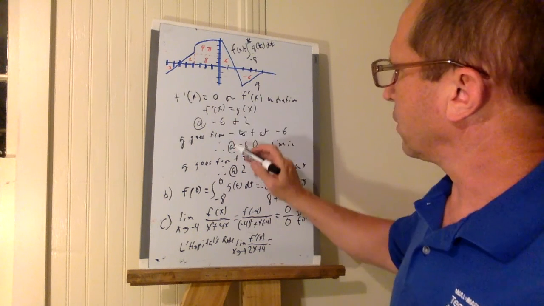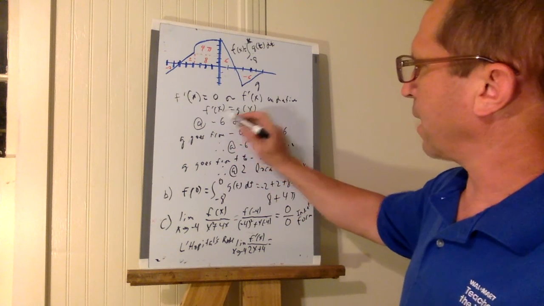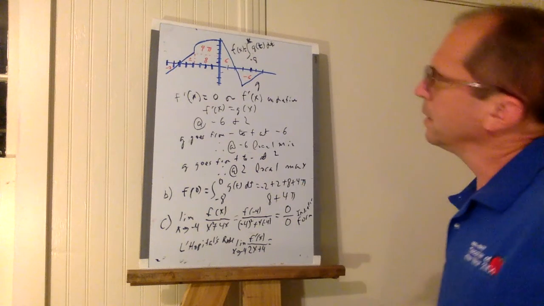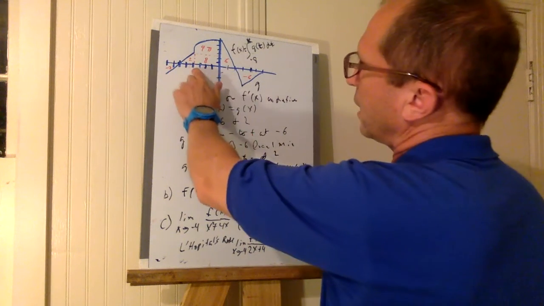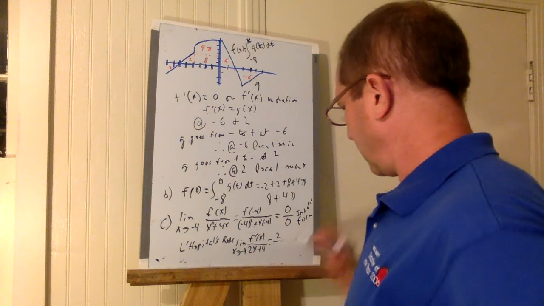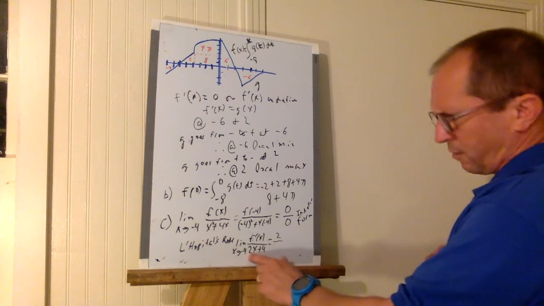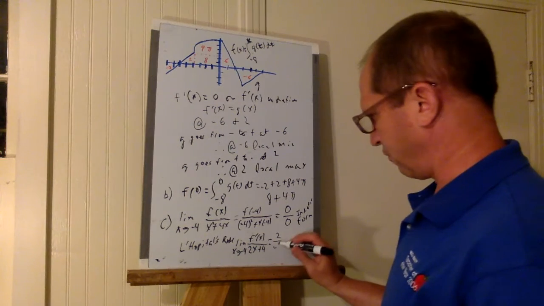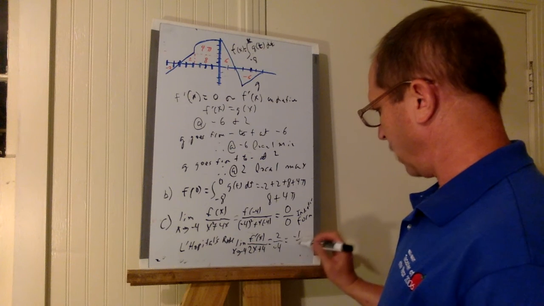Again, up here we said that f prime is the same as g, and g of negative 4 is 2. And then in the denominator, we have 2 times negative 4, negative 8, plus 4 is negative 4, so we get negative 1/2.